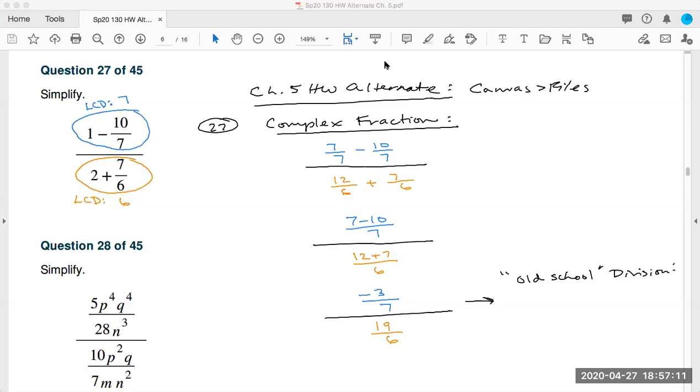So we can rewrite this as negative 3 divided by 7, old school divided by 19 over 6. And then that helps us because now we keep the first fraction the way it is, and we multiply by the reciprocal of the second fraction.